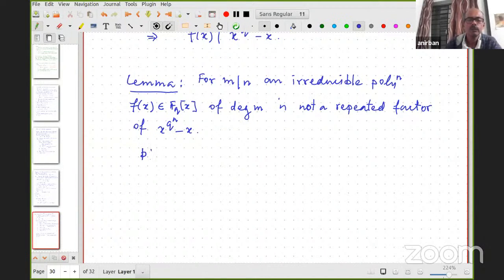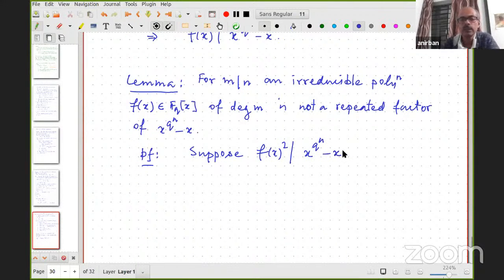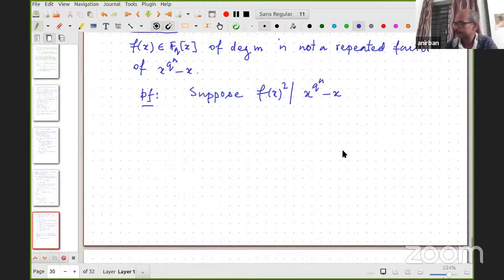So how do we prove that? Suppose it divides with higher multiplicity. So suppose f(x) squared divides x^(q^n) minus x. Suppose this happens.